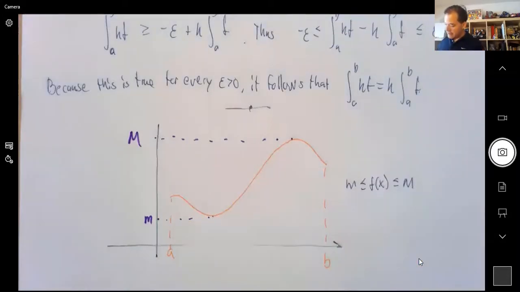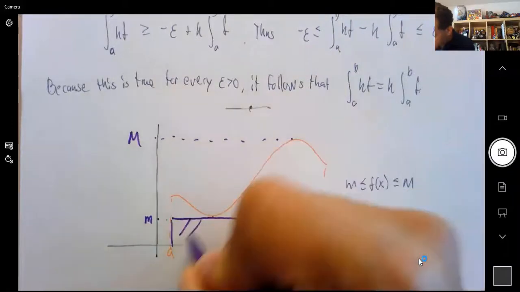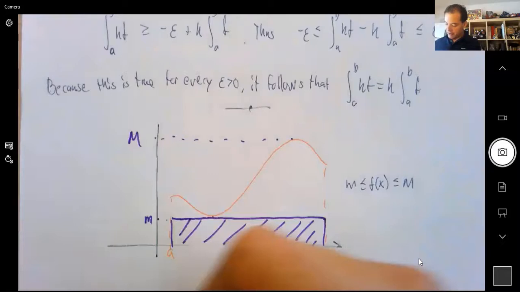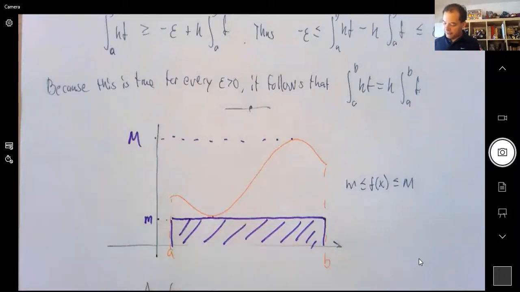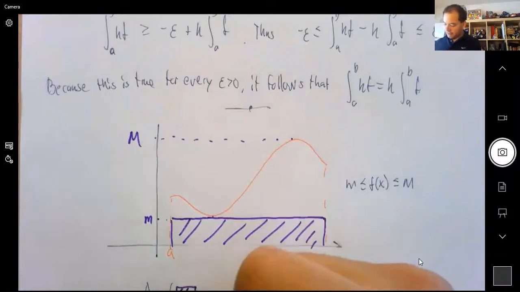And what we're saying is that if you look at the area of this rectangle, what is the area of that rectangle? The base is b minus a and the height is m. So we're saying that the area of the purple rectangle is for sure smaller than the area under the curve, right?